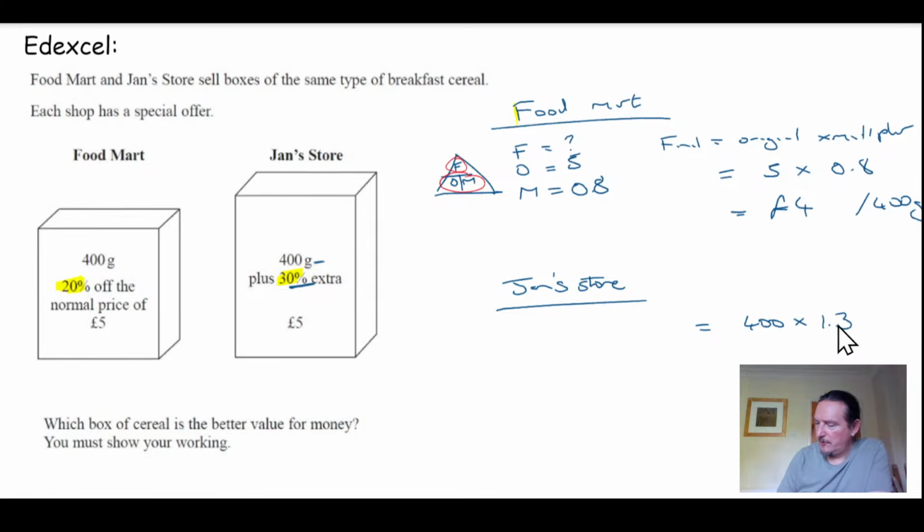Okay, so this is going to be the amount I'm working out here, isn't it? So 400 times 1.3, I make that 520 grams for £5. Okay, so we got two amounts and we got two costs that go with them.